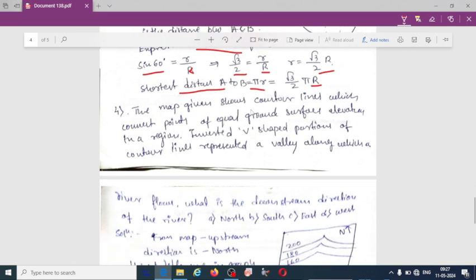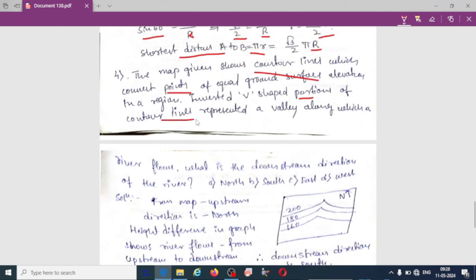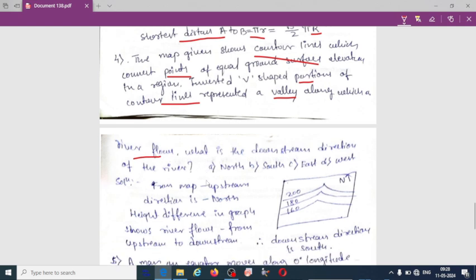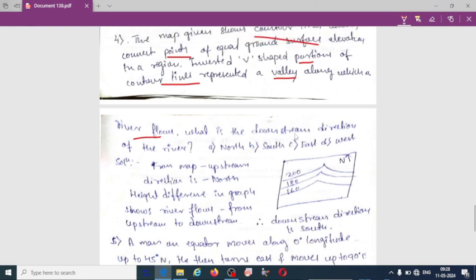The map given shows contour lines which connect points of equal ground surface elevation in a region. Inverted V-shape portions of contour lines represent a valley along which a river flows. What is the downstream direction of the river?